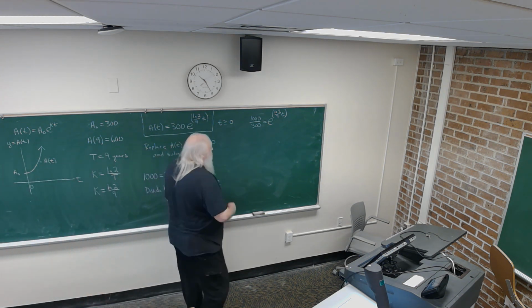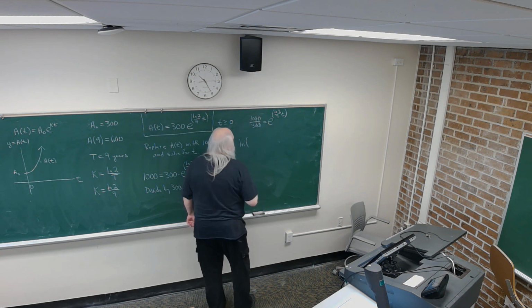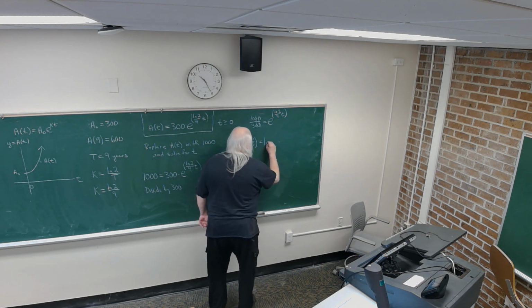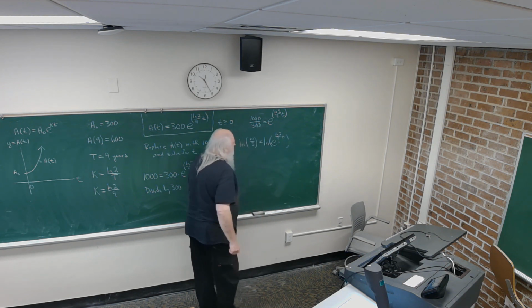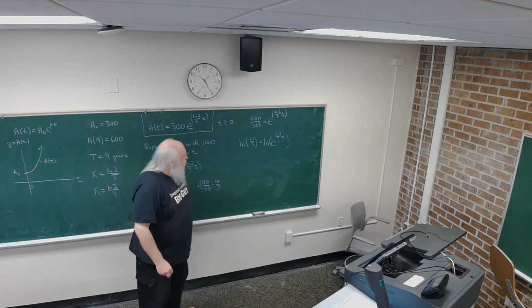So I can take the natural log of both sides, and 1,000 over 300 simplifies to 10/3. So I have the natural log of 10/3 on the left is equal to the natural log of e raised to the natural log of 2 over 9 to the T power on the right. I dropped the parentheses now. I wanted to avoid nested parentheses.